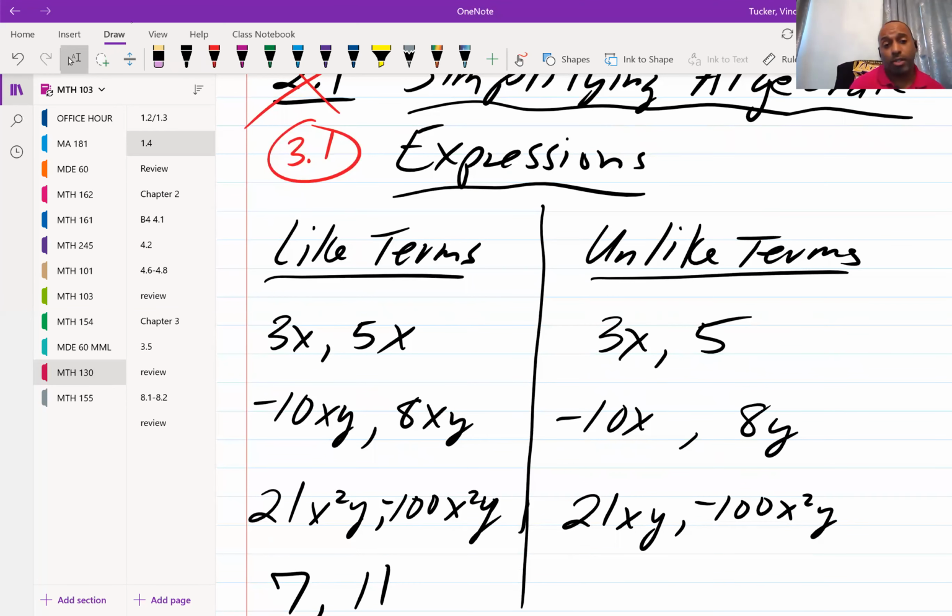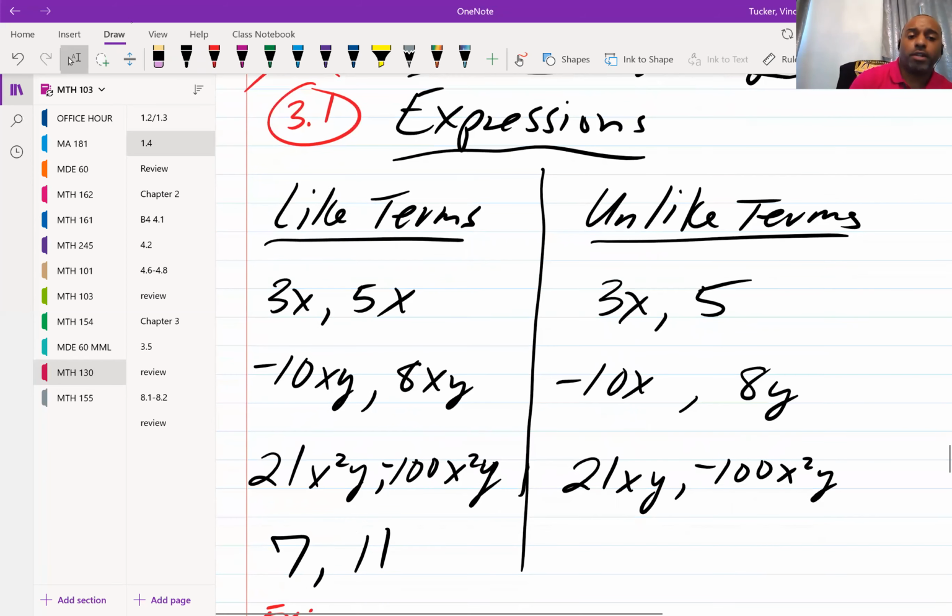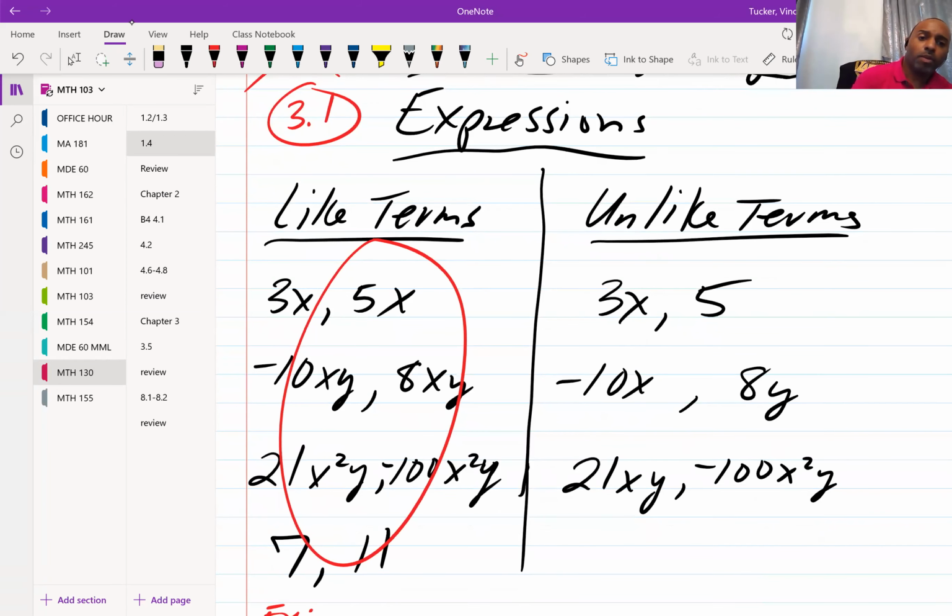So in this first column, 3x and 5x are like terms. Negative 10xy and 8xy are like terms. 21x squared y and negative 100x squared y are like terms. And 7 and 11, numbers without any variables at all, are like terms.